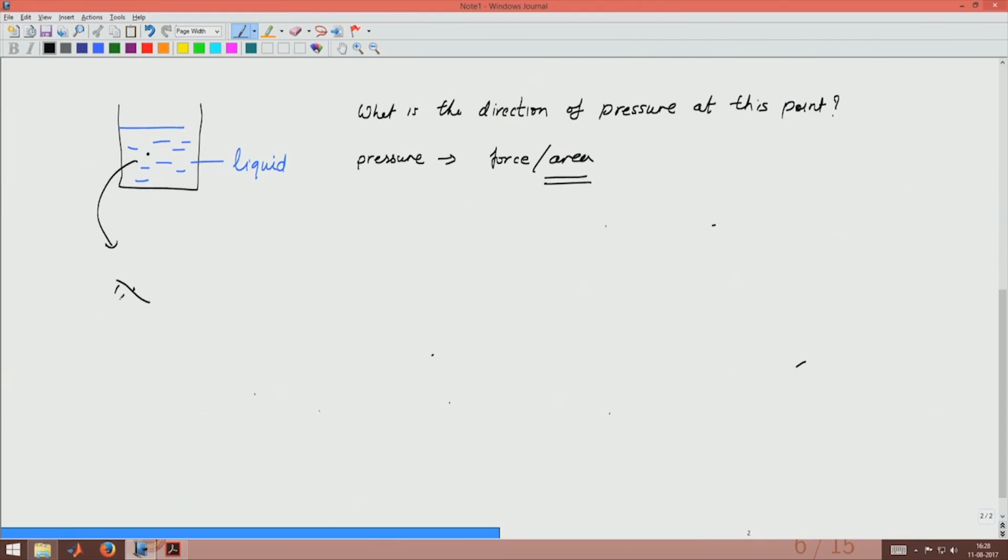If I draw a hypothetical surface, and of course, each and every surface can be defined using its orientation, which we usually define in terms of a unit normal vector, which we will tend to denote as n. So, this is nothing but the unit normal.